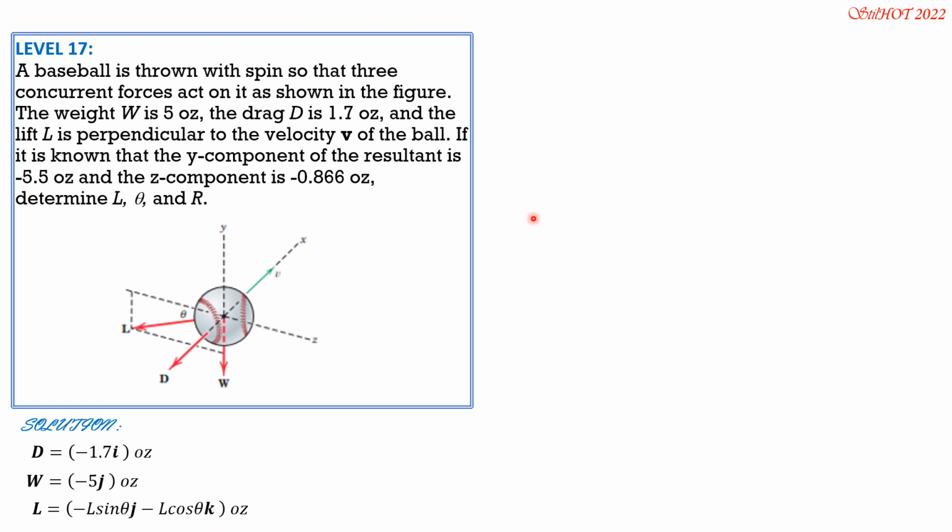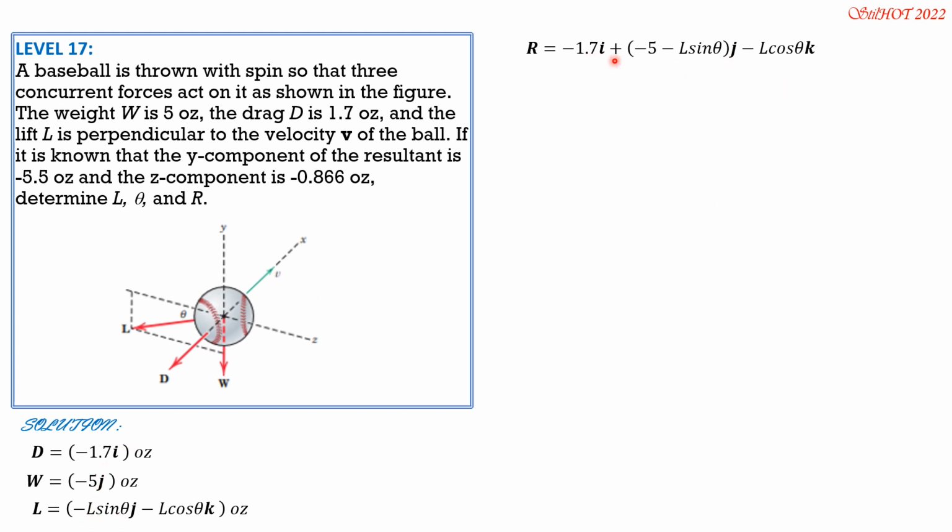Then we are given the information that the y component of the resultant is negative 5.5. So let's form the resultant first. The resultant therefore is negative 1.7i, then negative 5, negative L sine theta j, then negative L cosine theta k. So only the j component has two values, negative 5 and negative L sine theta j.